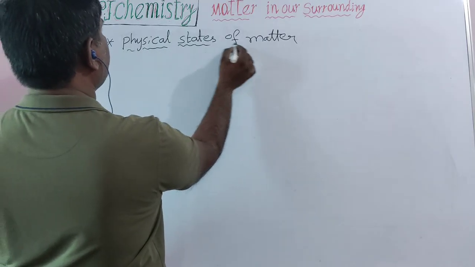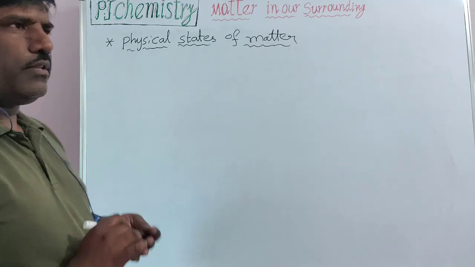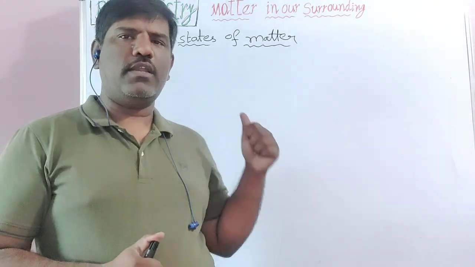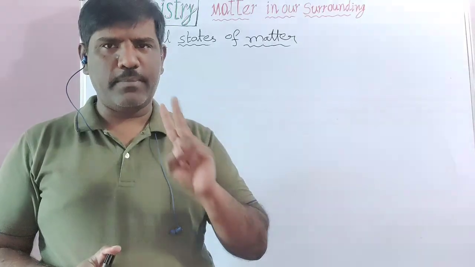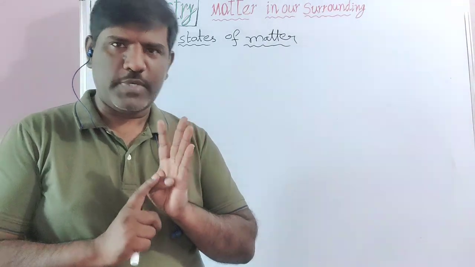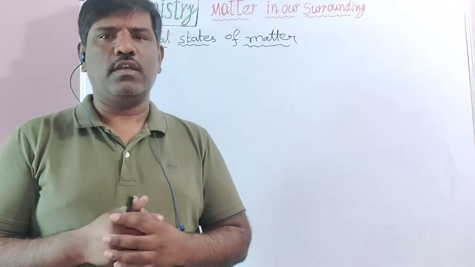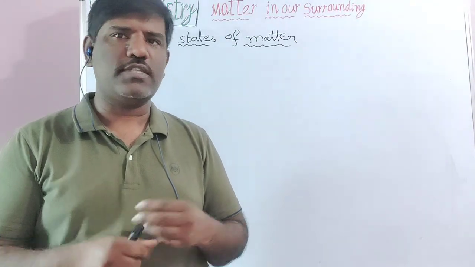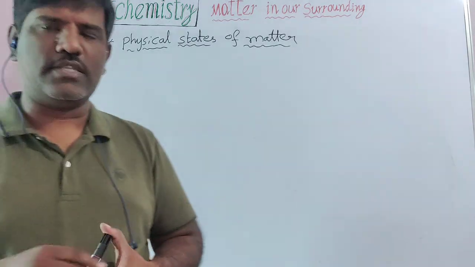In the previous video, if you observed, I gave one clarity, mainly to decide the physical states of matter. Two main properties we are going to discuss: space between the particles and attraction between the particles. With these two, we can find out the existence of matter very easily.